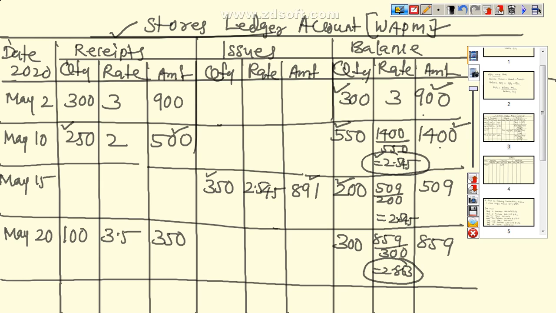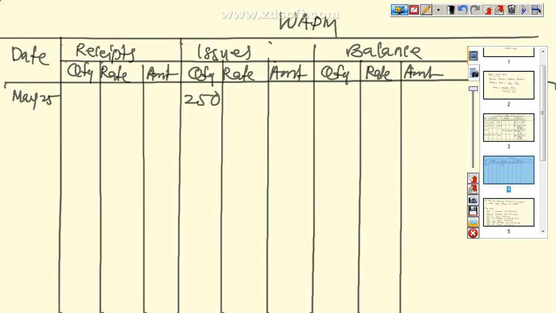So the entire 250 units we have to issue on the basis of 2.863. So amount is equal to 250 multiplied by 2.863, that is equal to 716.